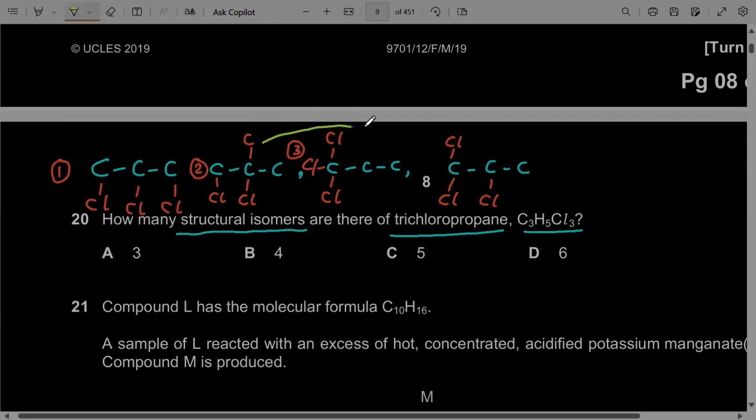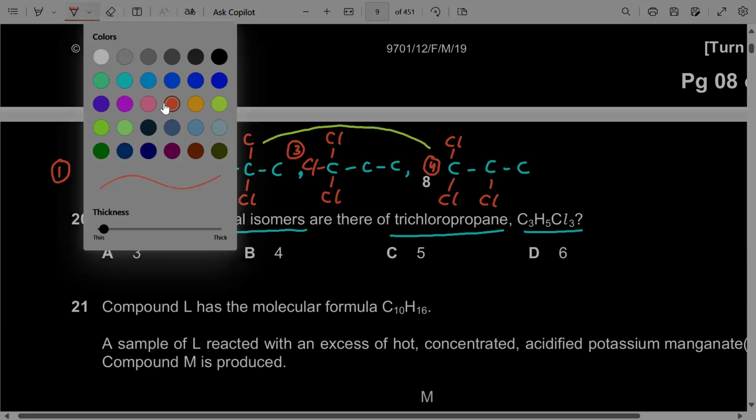In the second isomer, I had 2 chlorine atoms on the central carbon, but in the fourth isomer, I have 2 chlorine atoms on the left. Now this would be the same as another isomer if I put 2 chlorine on the right carbon instead of the left carbon. That will resemble the same compound, so I'm not going to draw that compound here.